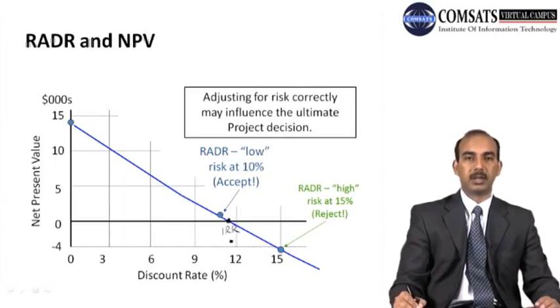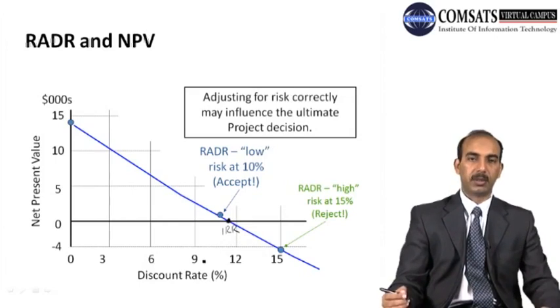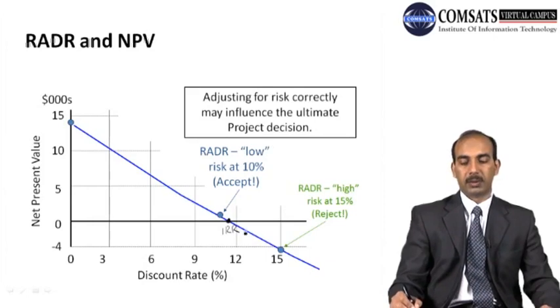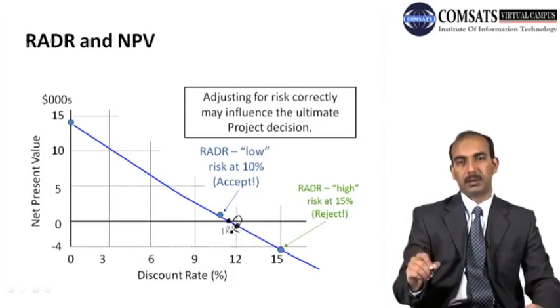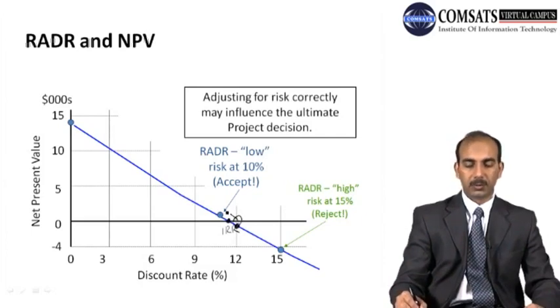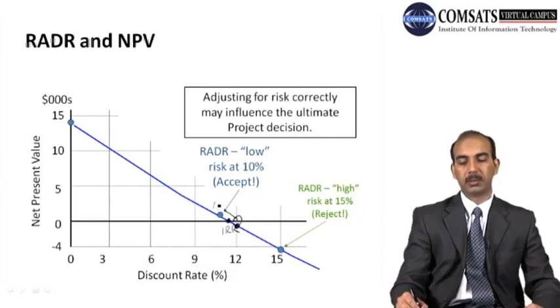When we talk of risk adjusted discount rate, suppose कि firm ने risk adjusted discount rate determine किया था 12% at this level, and at this point the net present value goes negative, and based on this perception of low risk, the discount rate can be moved from this point to 10% point.